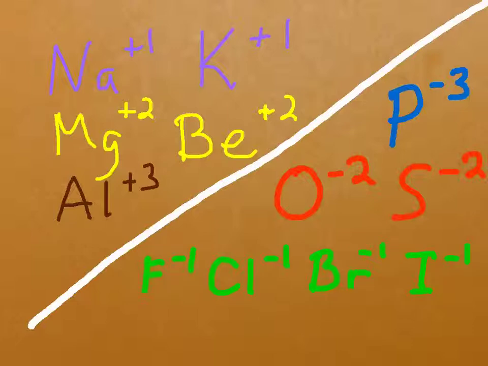All of the halogens are popular ions. They each form -1 ions because they're in group 17, meaning they have 7 valence electrons. They only require 1 more electron to reach that noble gas state, so they are more than happy to become -1 ions.